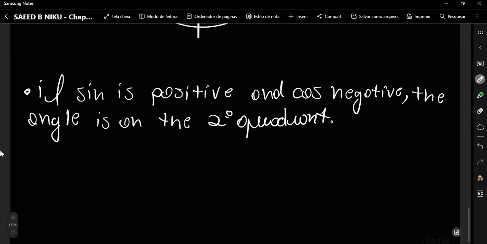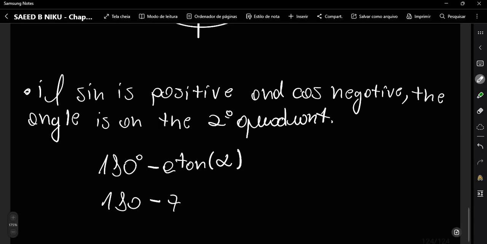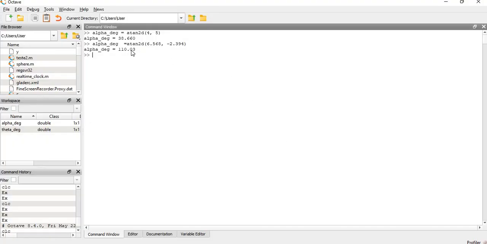Then it is 180 minus arctangent of alpha. The same as we got on Octave.